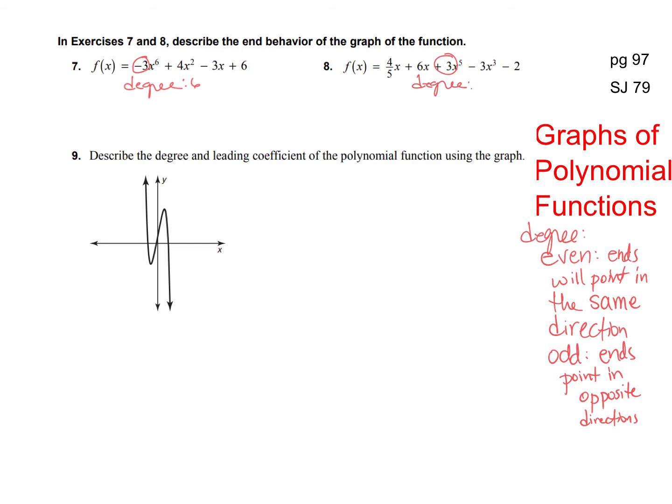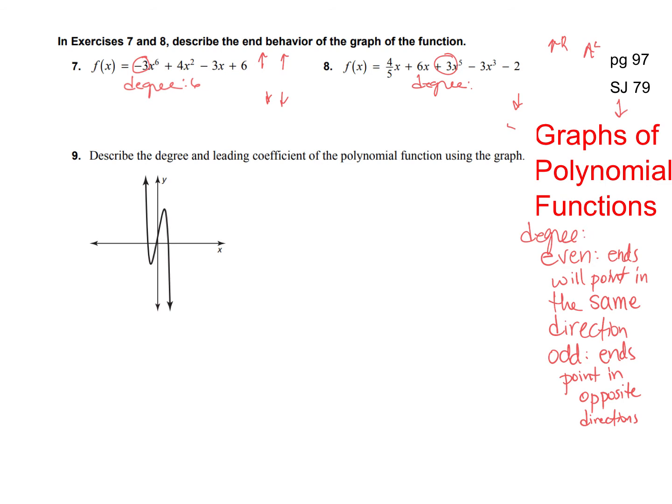Okay, so let's talk about same direction. Either both ends are pointing up or both ends are pointing down for the same direction. And for opposite directions, one end points up and one end points down, and it could either be the right side up and the left side down, or the left side up and the right side down.